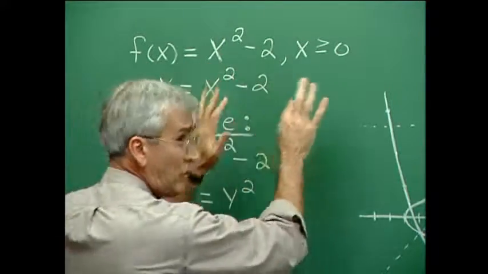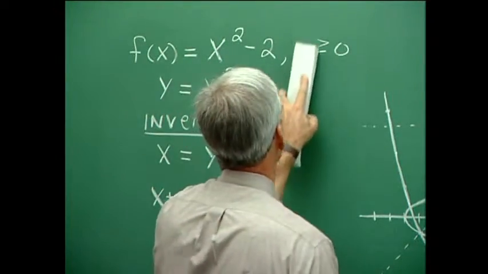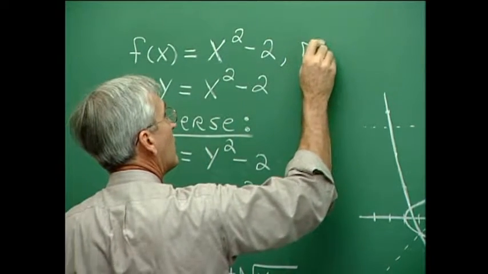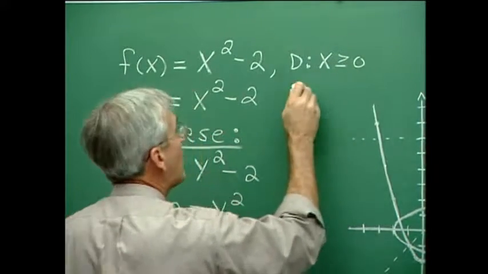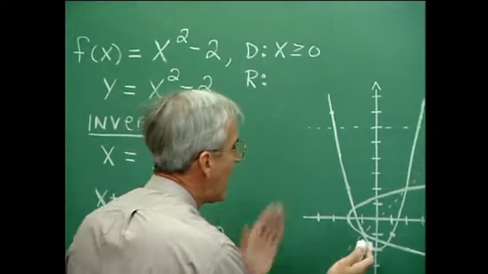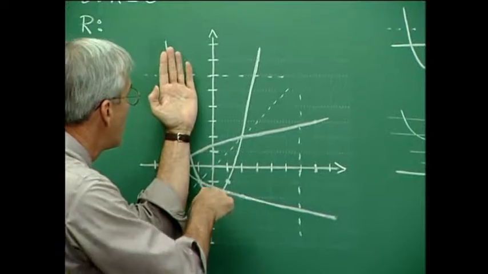Now, I can also go through a little discussion about range. Let me make this a little more clear by saying D for domain. The domain, x values greater than or equal to 0. Now, for range, let's look at the graph and tell what values of y happen to appear on the graph.